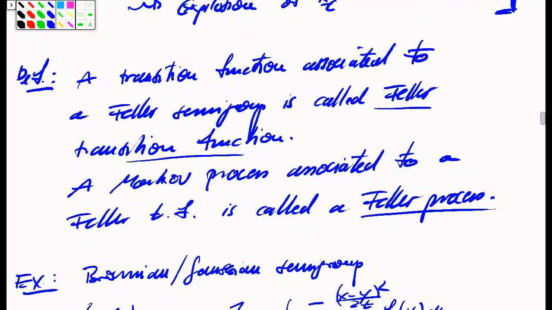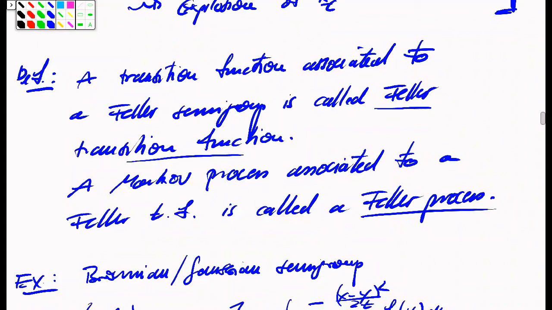Okay, so what have we learned so far? We have learned that the Markov process gives rise to a family of kernels through the operation of taking the conditional regular expectation, and this family of kernels does satisfy these Chapman-Kolmogorov equations, at least on those points which are actually visited by the Markov process. On the other hand, we have seen that if we have a transition function, such a family of kernels which satisfy this Chapman-Kolmogorov equation everywhere, then we can construct out of this a Markov process.